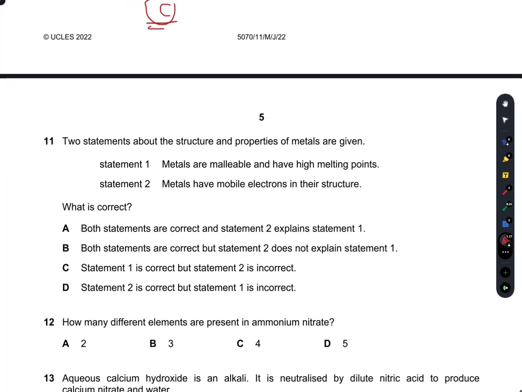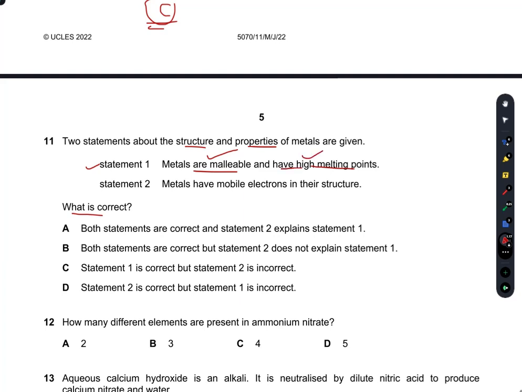Two statements about the structure and properties of metals are given. Statement 1: metals are malleable and have high melting points. Statement 2: metals have mobile electrons in their structure. Now what is correct? Metals are malleable, yes they are, and have high melting points, yes they do.